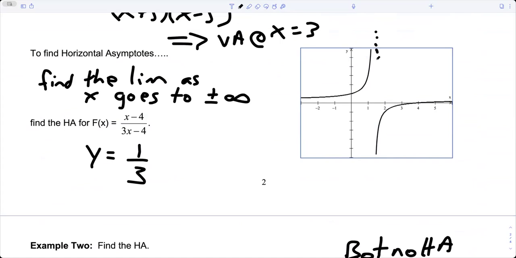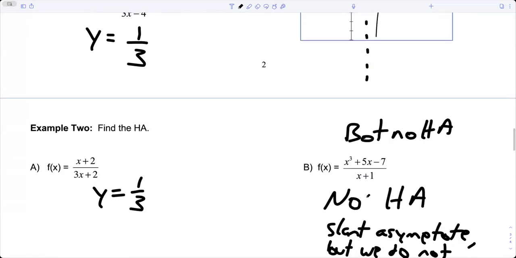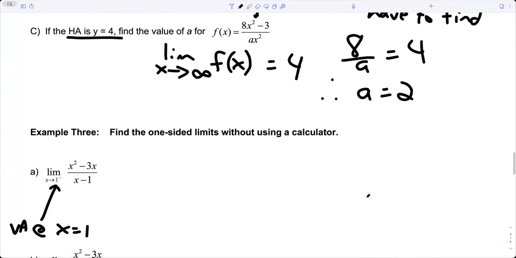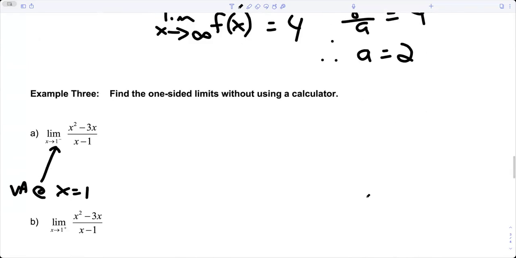There is a vertical asymptote at 1. So the value of the limit has to be either positive infinity or negative infinity. Those are the only two possible answers if there's a vertical asymptote there. Does that make sense?